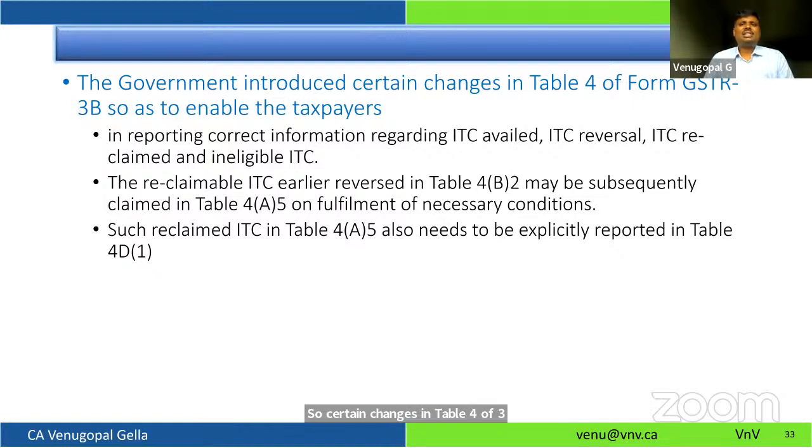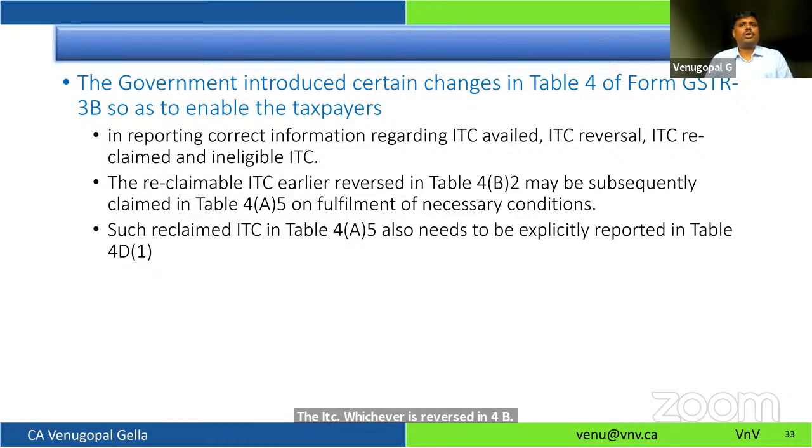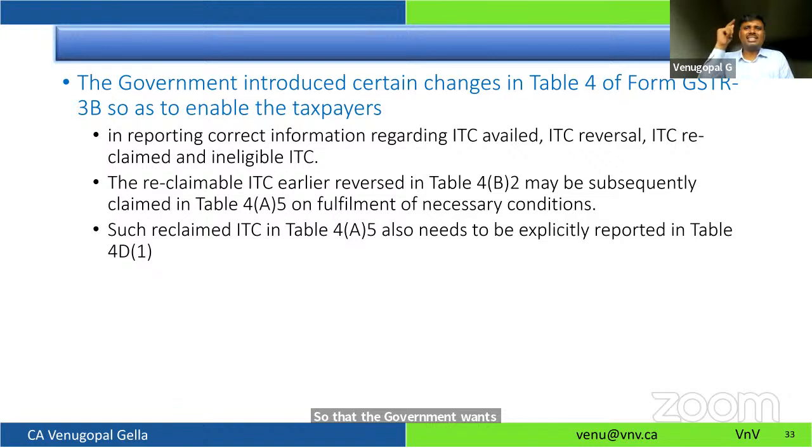The ITC, whichever is reversed in 4B2 earlier, that will be reclaimed in 4A5. Now, 4A5 also needs to be explicitly reported in table 4D1. The government wants a kind of correlation, current month credit, subsequent month credits. So your 4A5 of 2B mismatch should correlate with 4D1.